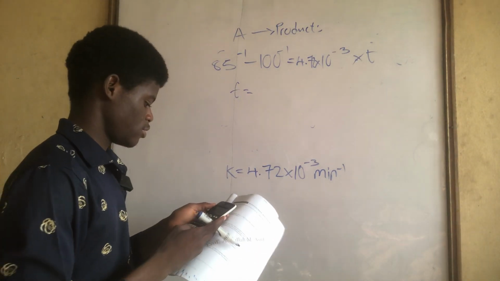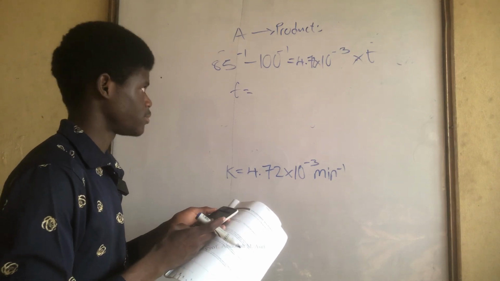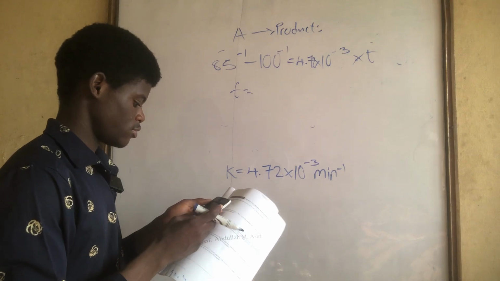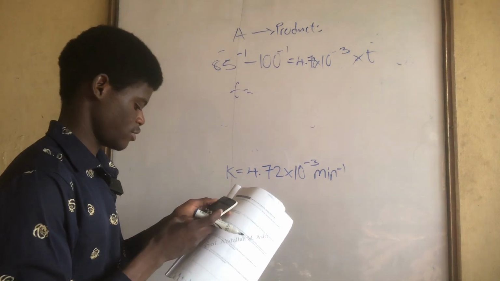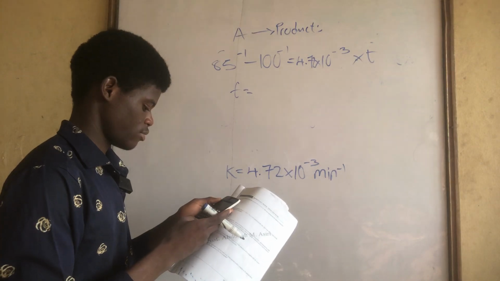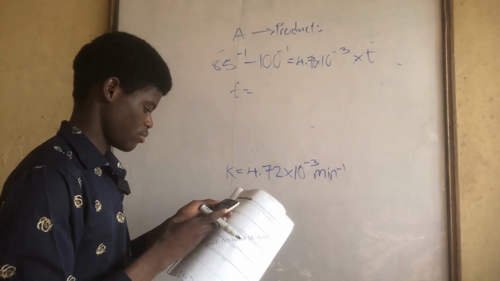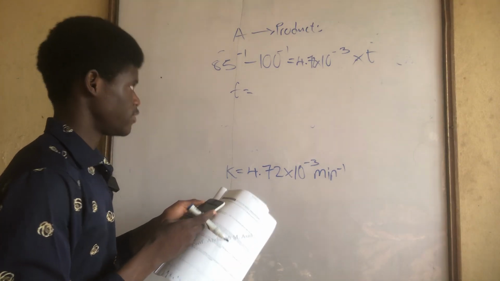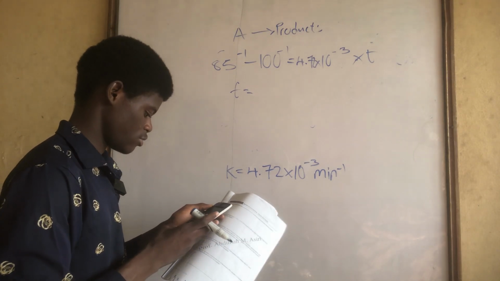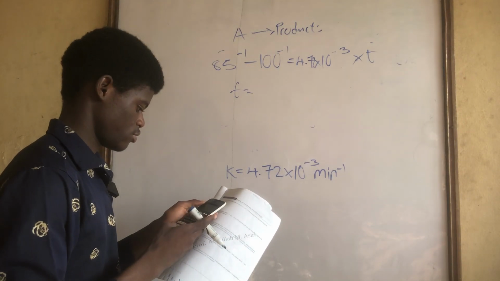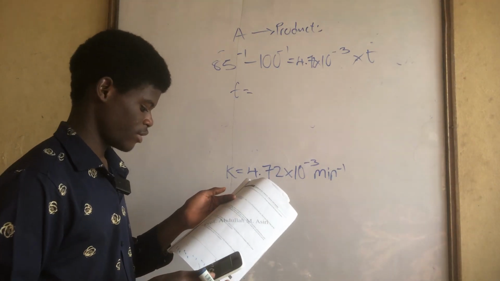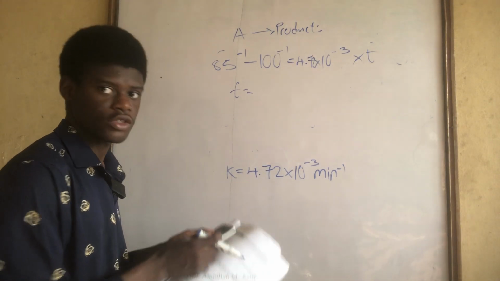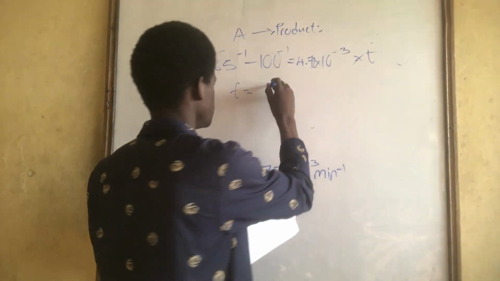This will be divided by 4.72 times 10 raised to power minus 3, and this will give 0.01 over 4.72 times 10 raised to power minus 3.